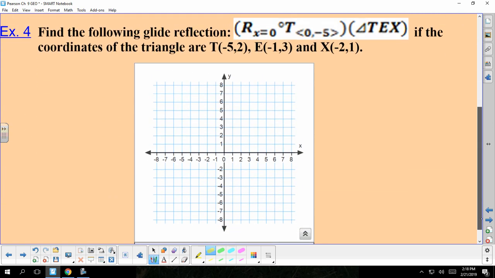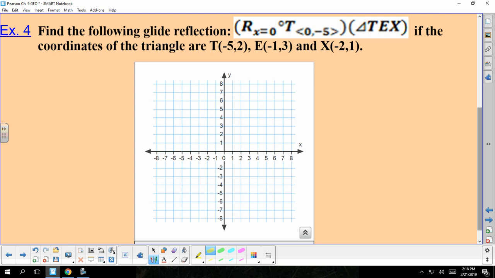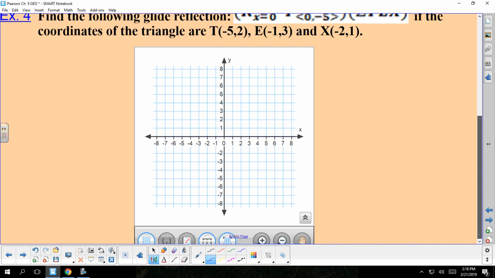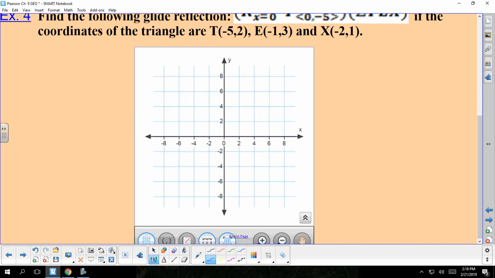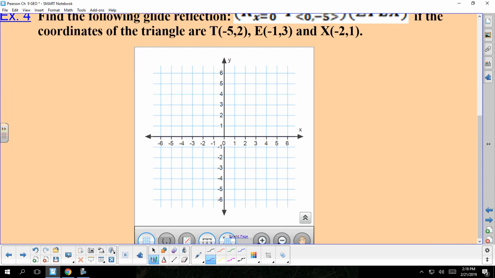So let's go ahead and graph triangle TXE first. Let's make sure we go ahead and label our points.